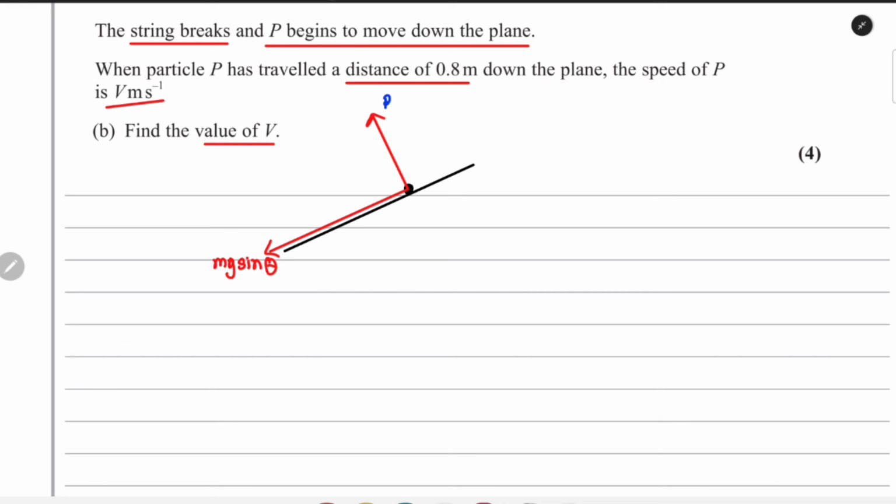Let me do the perpendicular ones in blue. So this is mg cos theta. And the friction will be up the plane. So mu R will be 1 by 8 into R, which would be 1 by 8 mg cos theta. This is the friction.